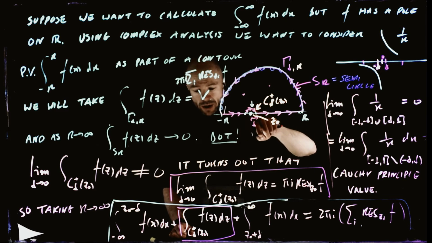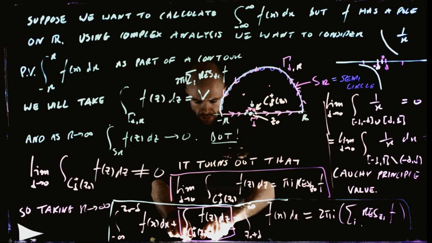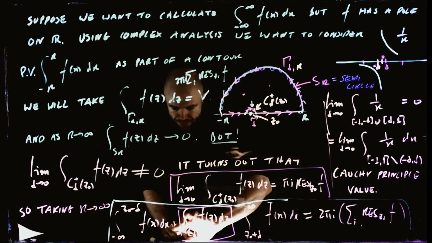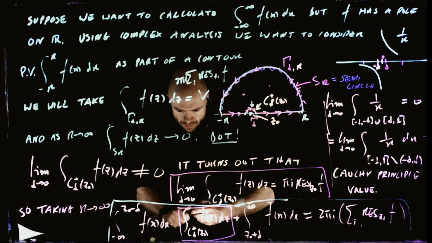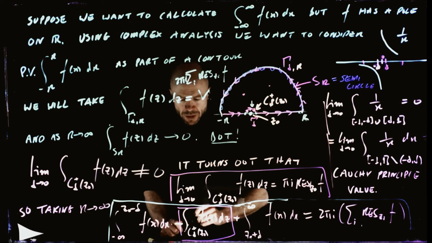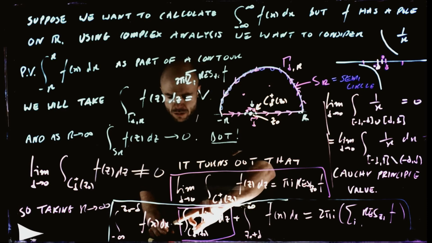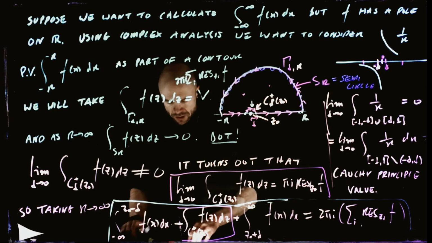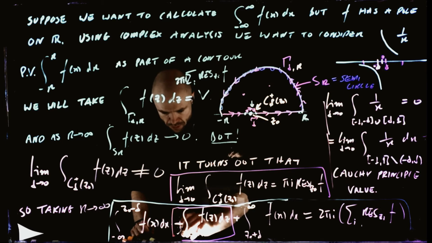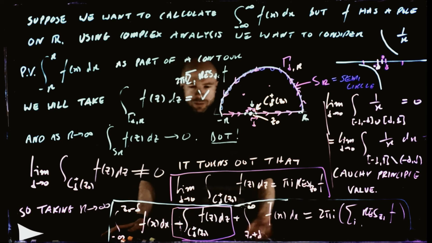So implicit in this, if the orientation is anti-clockwise, this won't be like this, it'll be minus this. If I specify that I'm going anti-clockwise around the semicircle, which I will do because that's what we do all the time with circles or any closed curve, it's actually minus this.